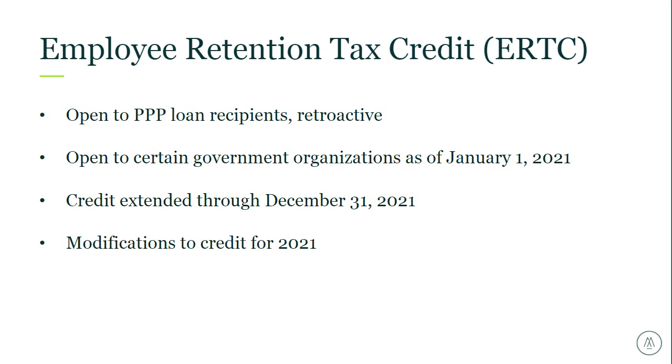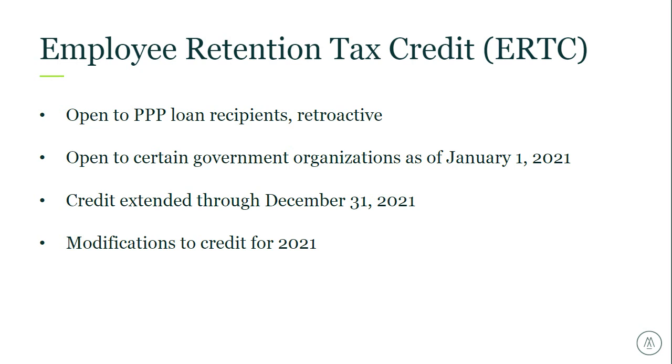So one of the main things that was changed with the ERTC is that it opened up to organizations that had received PPP loan funds, and it made it retroactive. So before, if you received PPP funds, you could not take the ERTC. Now it is available if you meet the other qualifications, and it's retroactive back to the date that these were enacted.